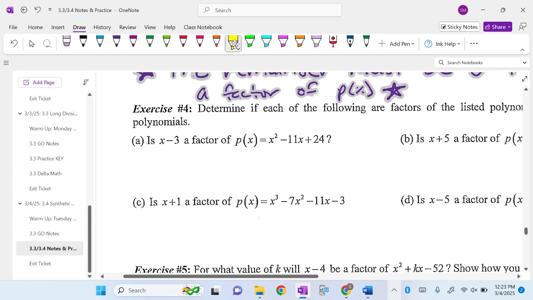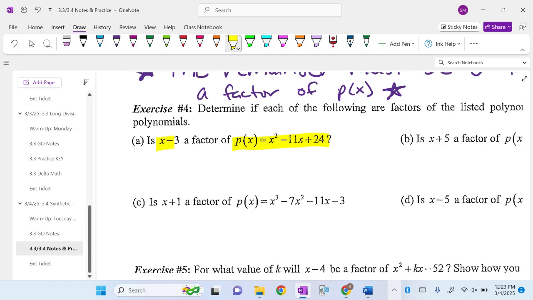It's asking if x minus 3 is a factor of this trinomial. So what do I do first for my remainder theorem? How do I know what I'm plugging in for x? Set x minus 3 equal to 0, solve for x, and x equals positive 3.